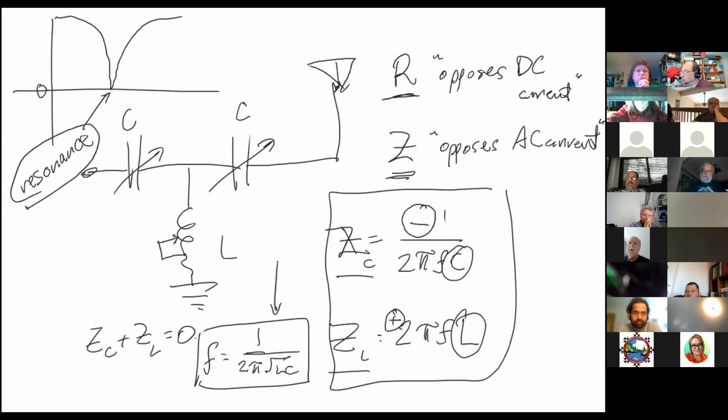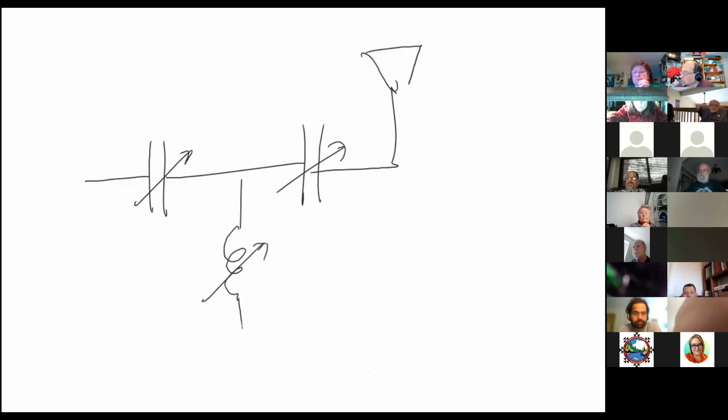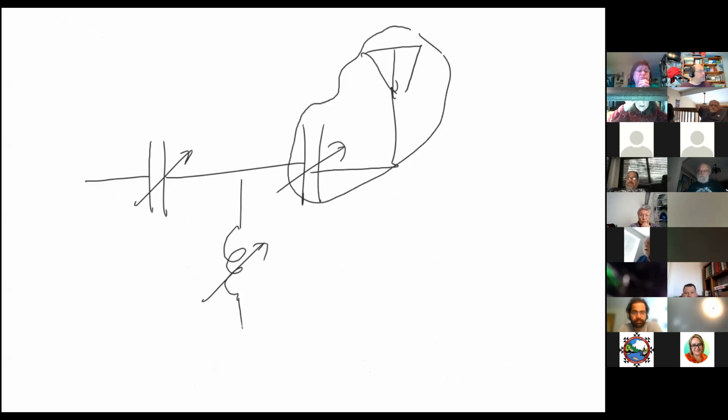So now we go back to this circuit right here, which is the one that we drew. Notice that this is a capacitor and a capacitor and an inductor like this. And we have this in series with this. These add together.